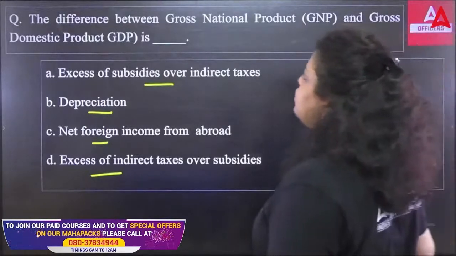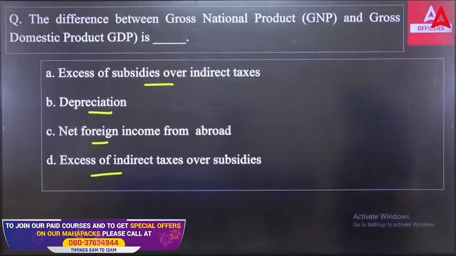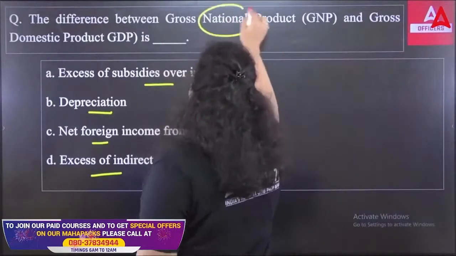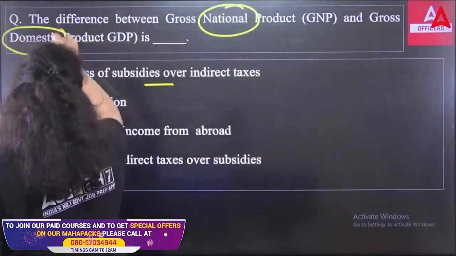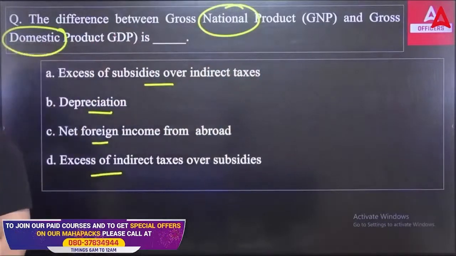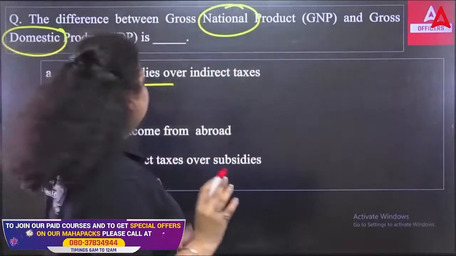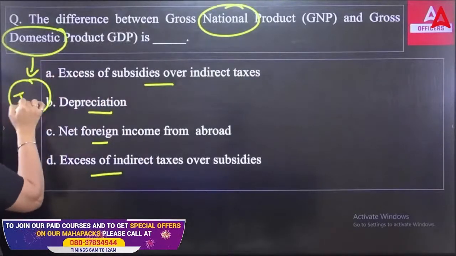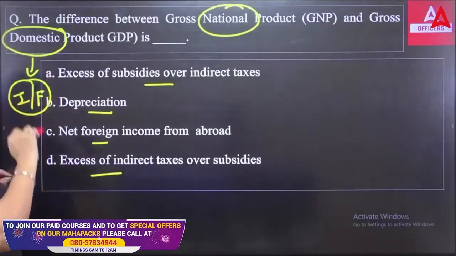It's very obvious now you are calculating the difference between domestic product and national product. It means simply it is the difference between the income of the citizen. Domestic product covers the income of Indians and foreigners, right?